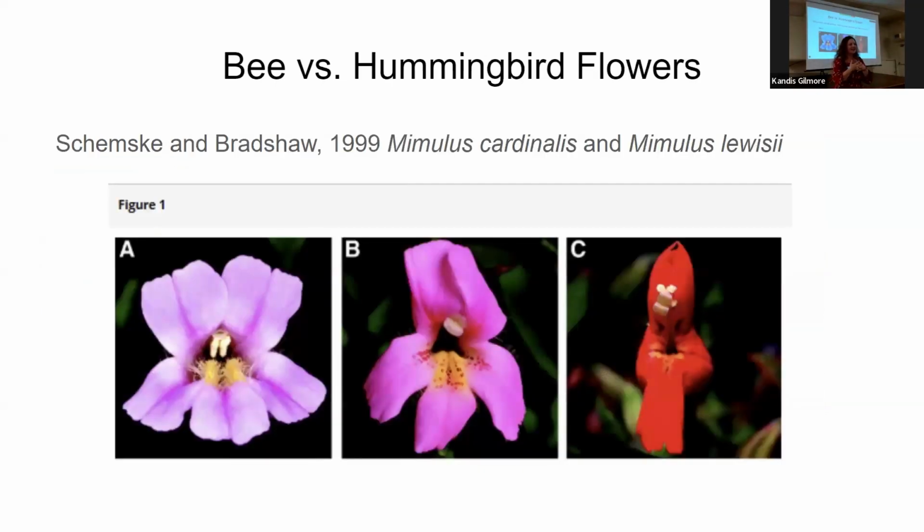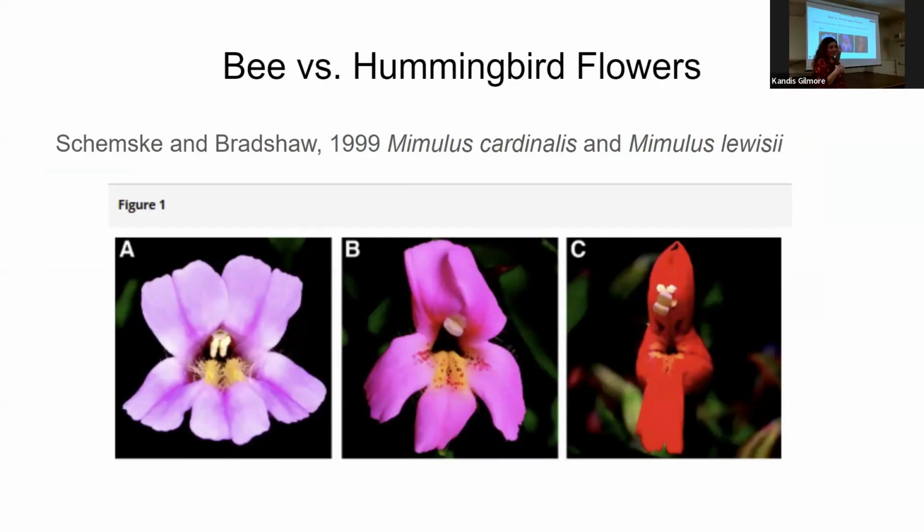There's an interesting study called bee versus hummingbird flowers, where Schemske and Bradshaw looked at two different types of monkey flowers that grow around the Yosemite area. They have Mimulus cardinalis, the red one, and Mimulus lewisii. One is a hummingbird flower, one is a bee flower. In nature, they noticed this broad open one is visited by bees, and the tubular one is visited by hummingbirds.